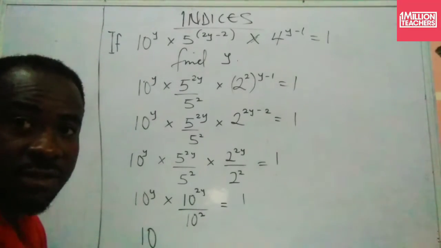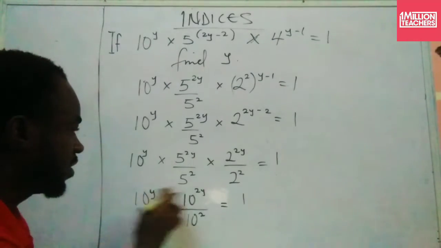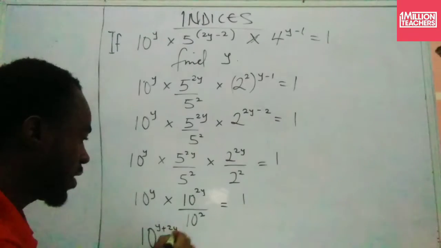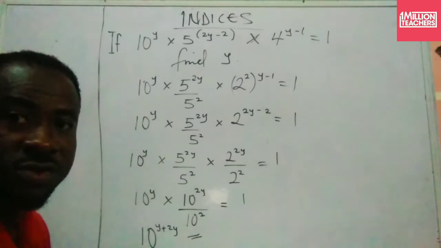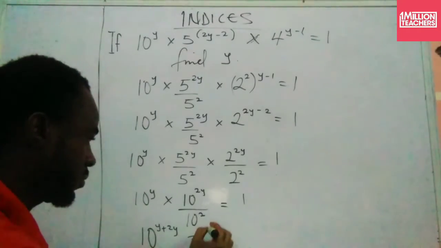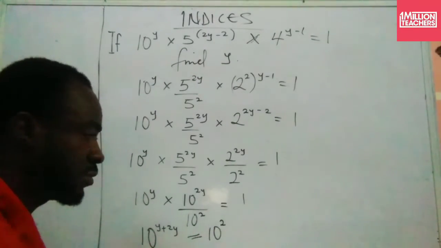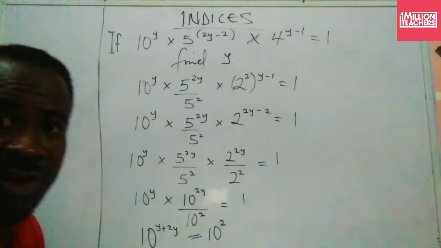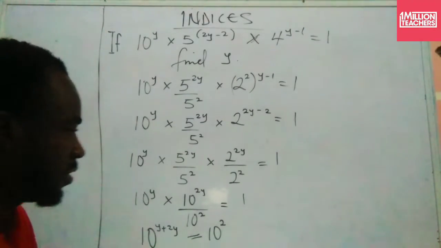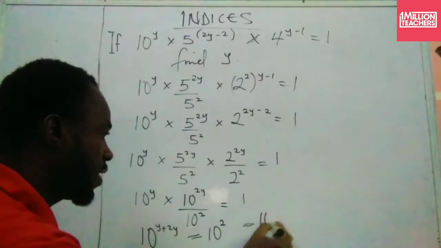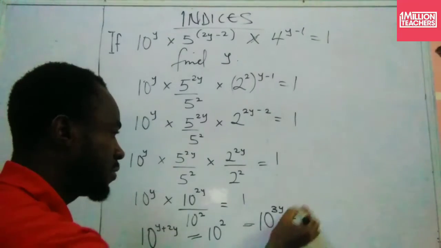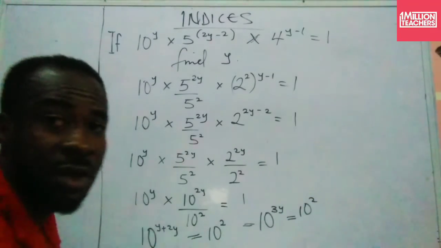So that will give me 10 raised to the power of this plus this, y plus 2y, is equal to 10 raised to the power of 2. I had to cross multiply here. Okay, so this will give me 10 raised to the power of this plus this, that is 3y, equals to 10 raised to the power of 2.